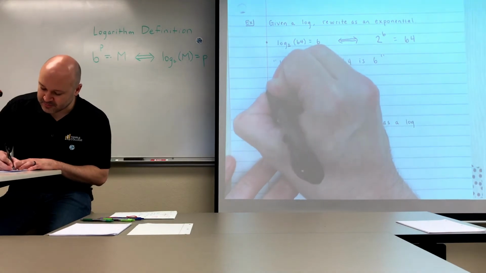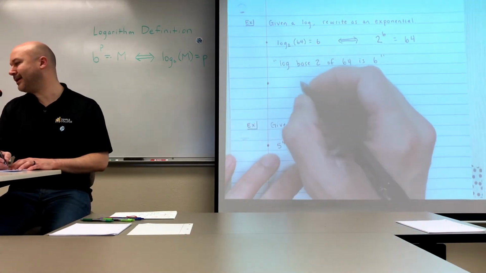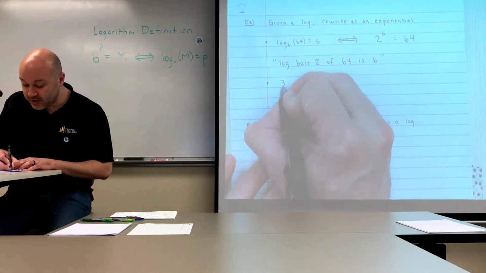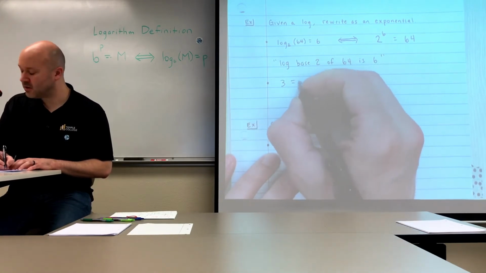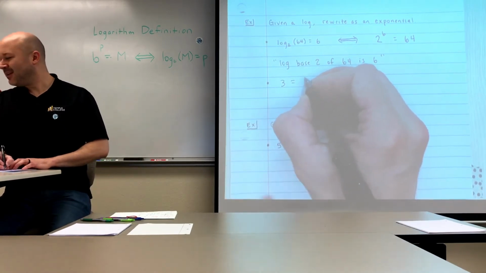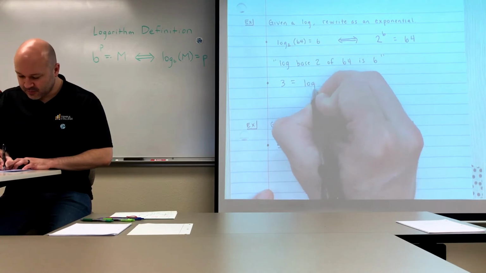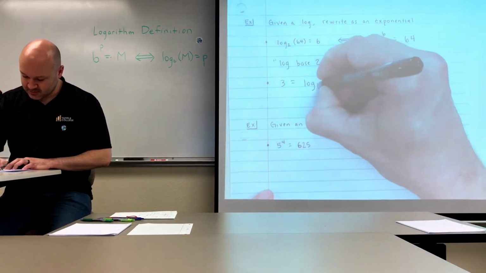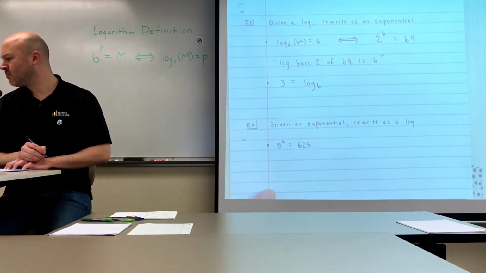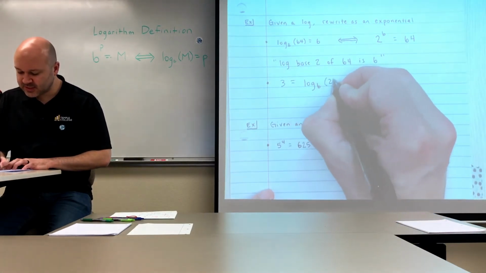All right, let's do another example. Let's take a look at 3 equals log base b of 27.